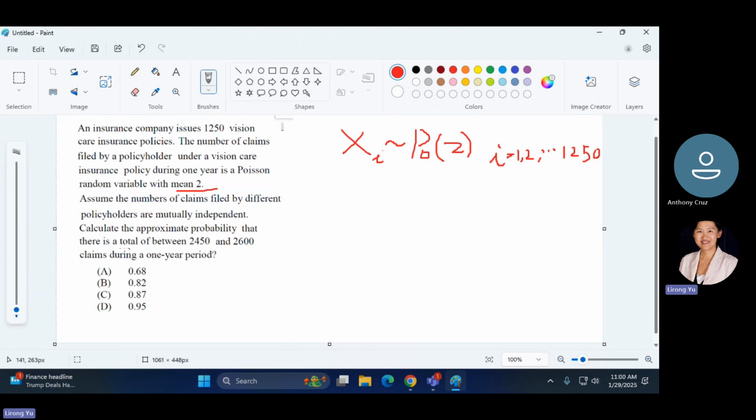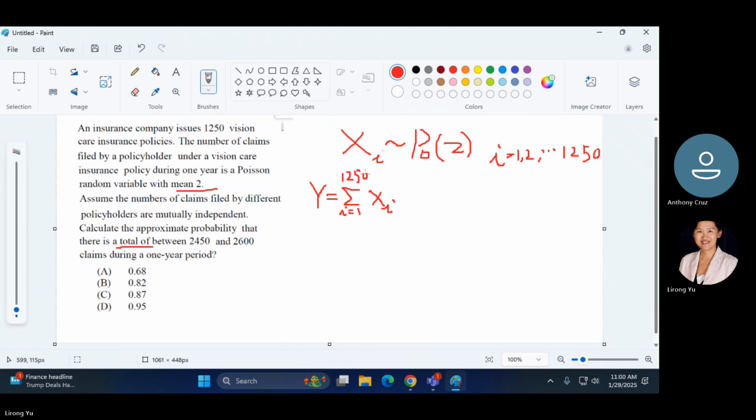Now here we're going to talk about total claims. So we're talking about the total number of claims for this many people. So Y is the summation of all these claims, the summation of Xi, where i is from 1 to 1,250.